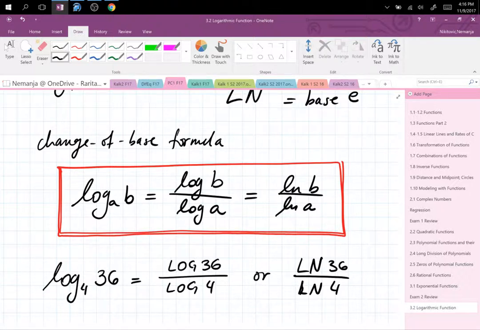So use your calculator. If you don't have a calculator, use your cell phone. It's okay. Just make sure that you are punching in both ln's or both logs. Close the parenthesis after 36. It's very important. So you go log 36, close parenthesis, divide by log 4, close parenthesis.